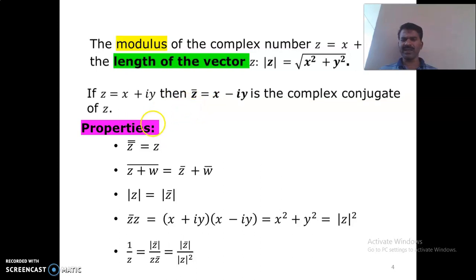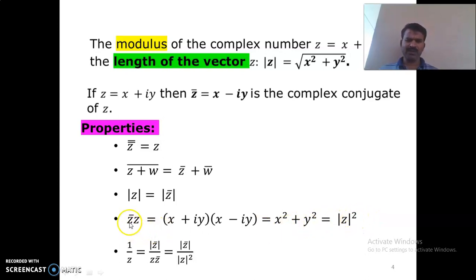Another property is that the complement of z plus w is equal to z complement plus w complement, and the magnitude of z is equal to the magnitude of z complement. Another property: z into z complement is always |z| whole square.